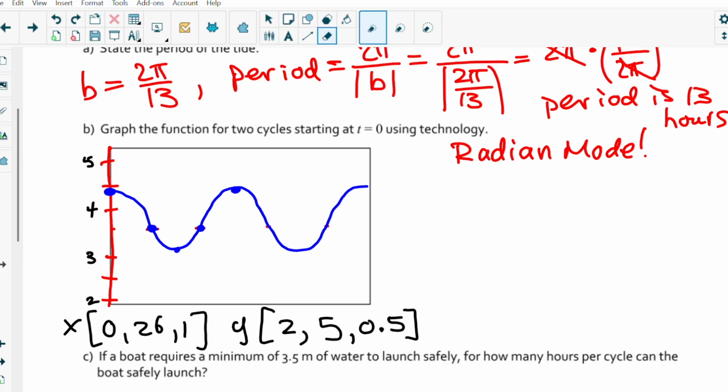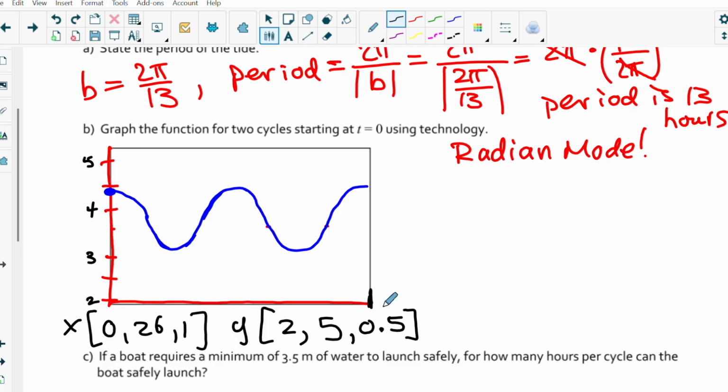Let me just clean this up a little bit here. Okay, that's what it's going to look like. And then my other axis here, this is going to be 26, and this is going to be 0, with units of 1.